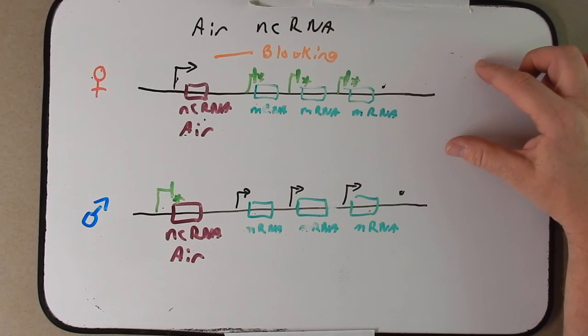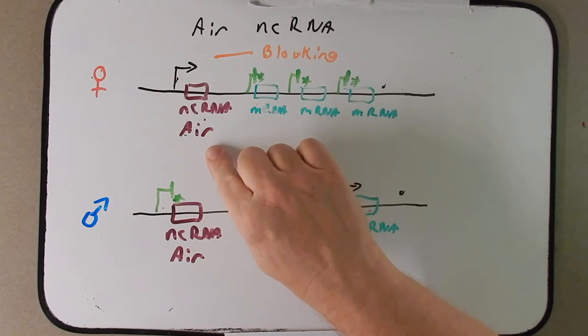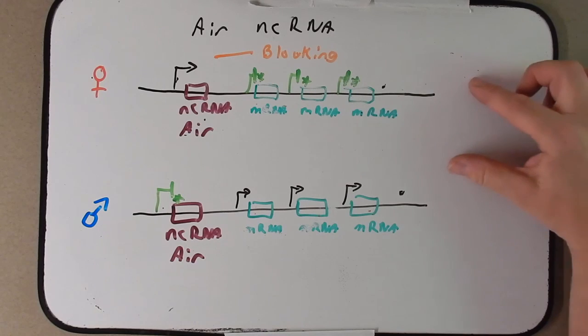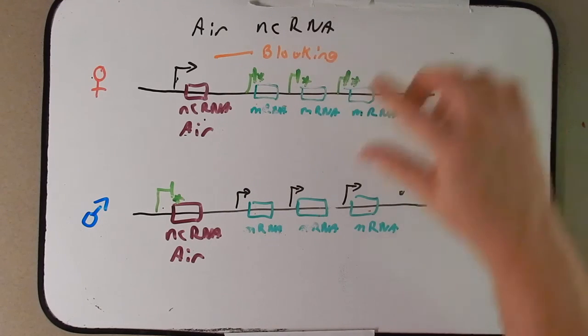Some of the genes that don't have this level of regulation, where the non-coding RNA regulates these genes, are much easier to reverse the level of imprinting. So that's one of the reasons this non-coding RNA may be involved in regulating these genes.